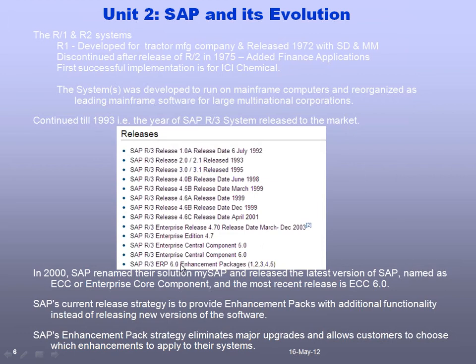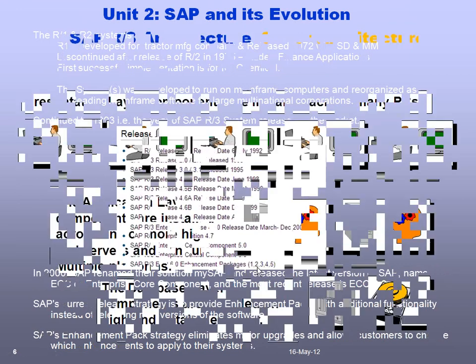ECC 6.0 Enhancement Pack 1 contains certain functionalities, Enhancement Pack 2 contains additional functionalities, and Enhancement Pack 5 contains a few more additional functionalities and removes the bugs in the previous versions. So that's how SAP has evolved.